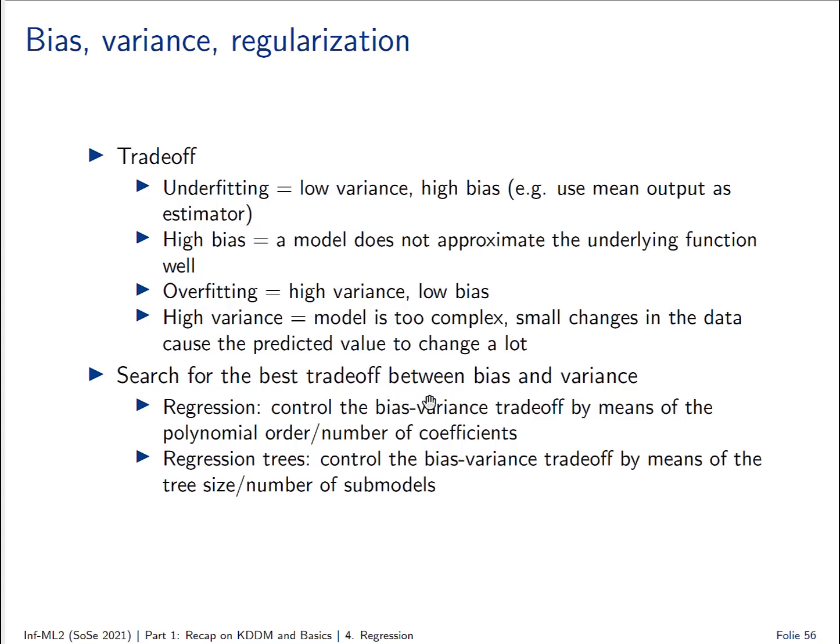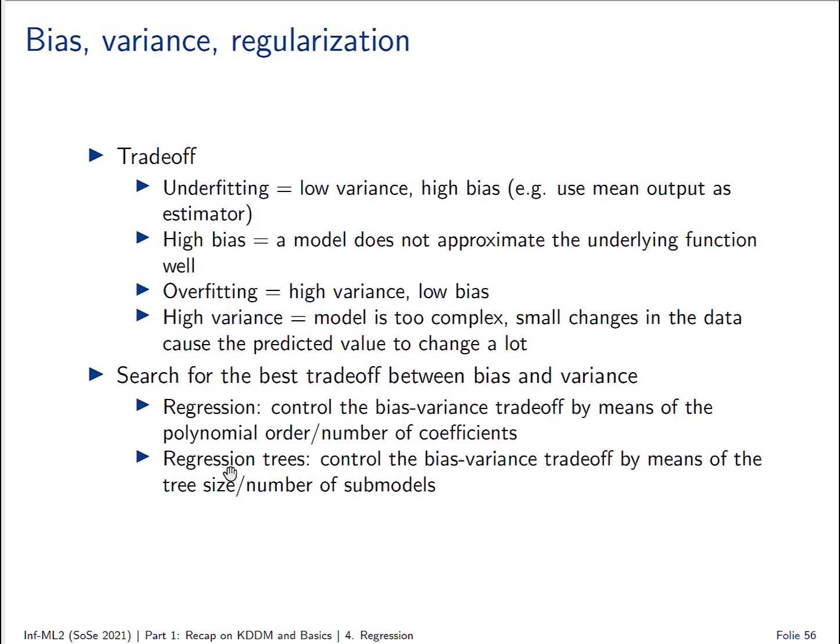Searching for the best trade-off between bias and variance, we usually do different things. In regression, we try to control the bias-variance trade-off by means of the polynomial order or the number of coefficients. We'll see just in a minute how to do it. Regularization actually tries to balance the number of coefficients or the order of the polynomials used.